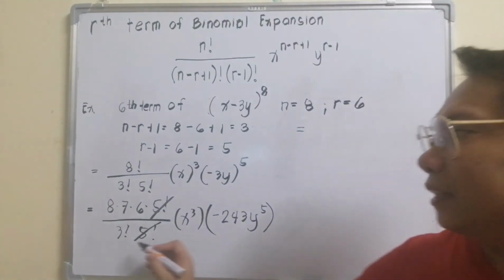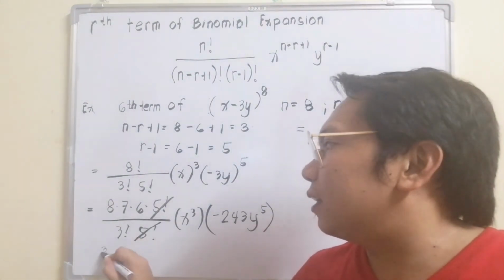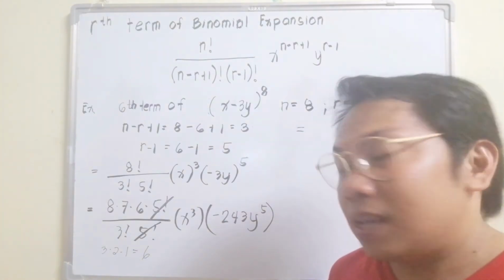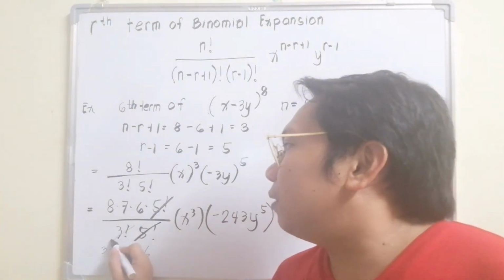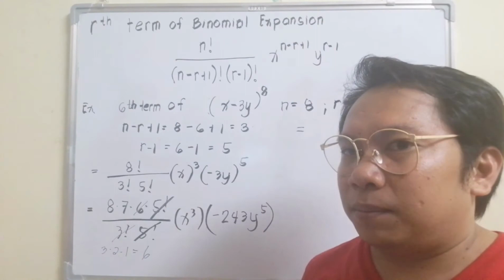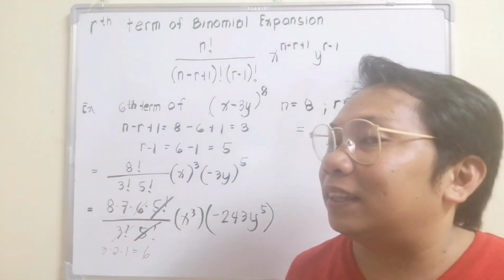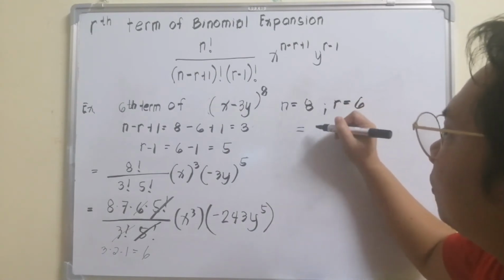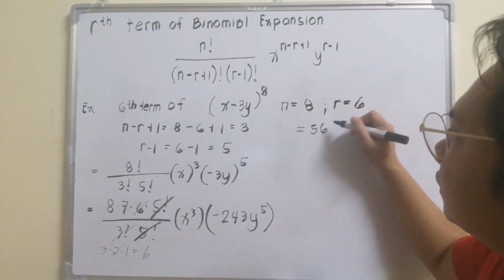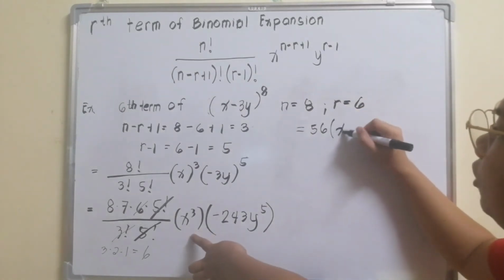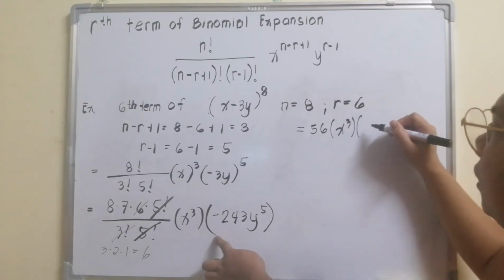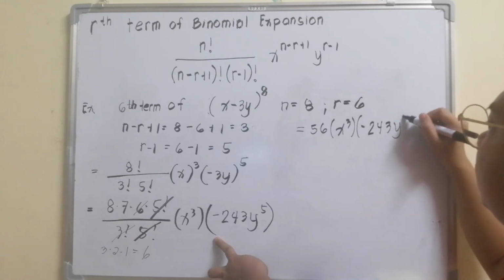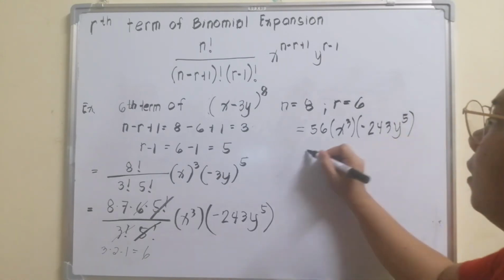Simplifying further, take note again, the 3 factorial is 3 times 2 times 1, which is equal to 6. So we can cancel this one, 3 factorial with 6. So we have 8 times 7 left. And 8 times 7 is equal to 56. You have x cubed. Then you have negative 243 y to the power of 5.